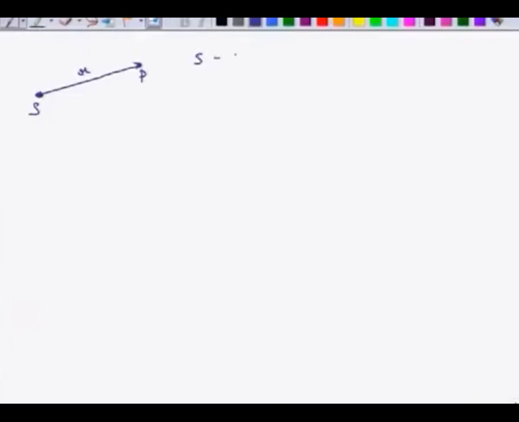So, let us say that S is emitting a spherical wave front such that its frequency equals 100 hertz, and the overall energy released by this spherical source each second is 5 joules.